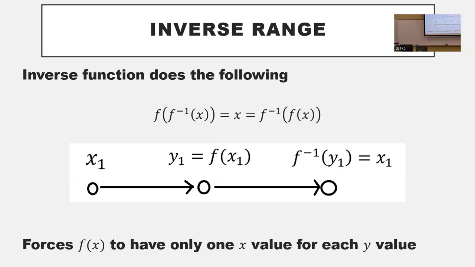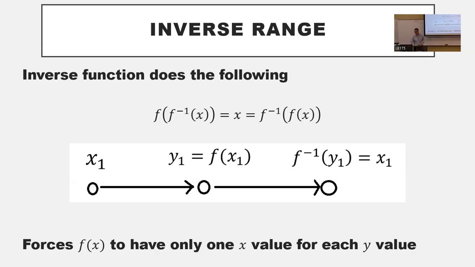If I had an x1 and an x2 that were sent to this value of y1, then when I did the inverse function, I'd have 2 places for it to go, which is a problem. So in order to have an inverse function, we're forced to have f of x have only one x value for each y value.